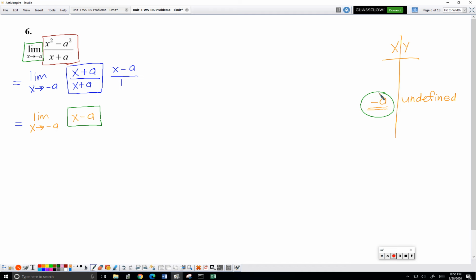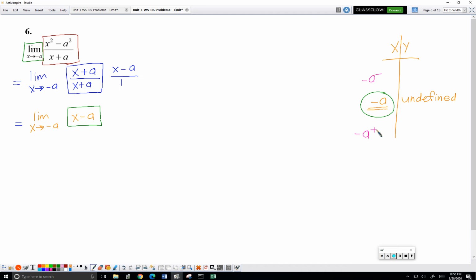And the one we're looking for is which xy pair are we now looking for? When x is approaching negative a. So we're looking for an x value that's perhaps a little bit less than negative a, and an x value that's just a little bit more than negative a. And we can use this to do it. So now it's just plug it in.